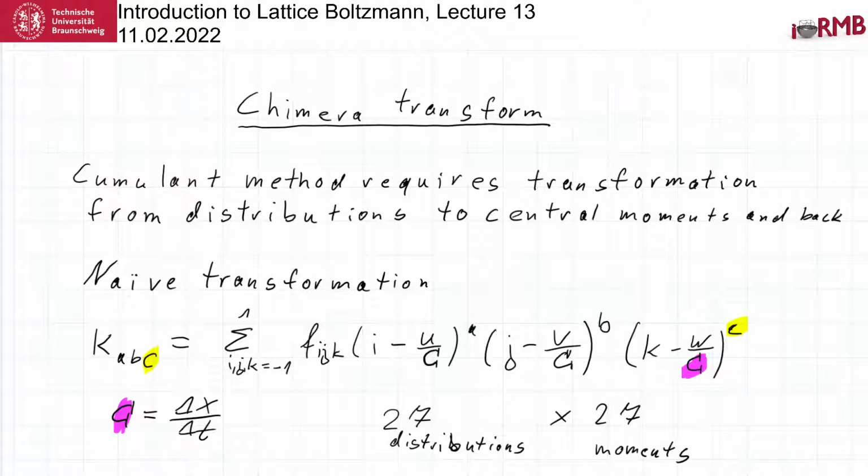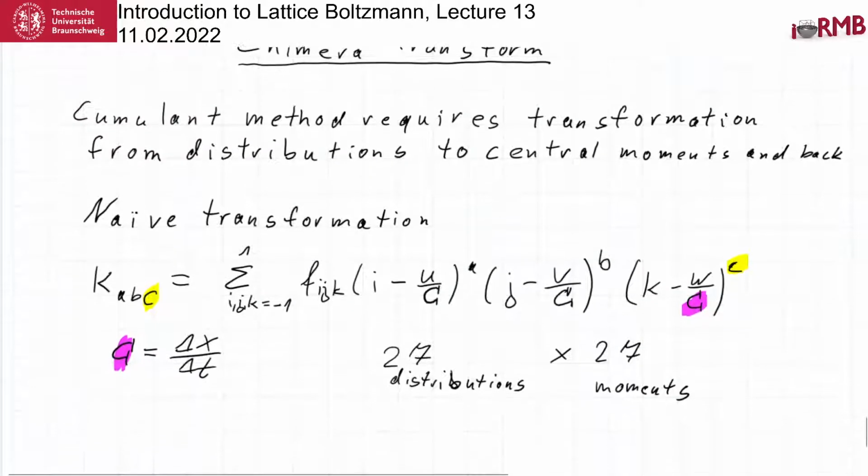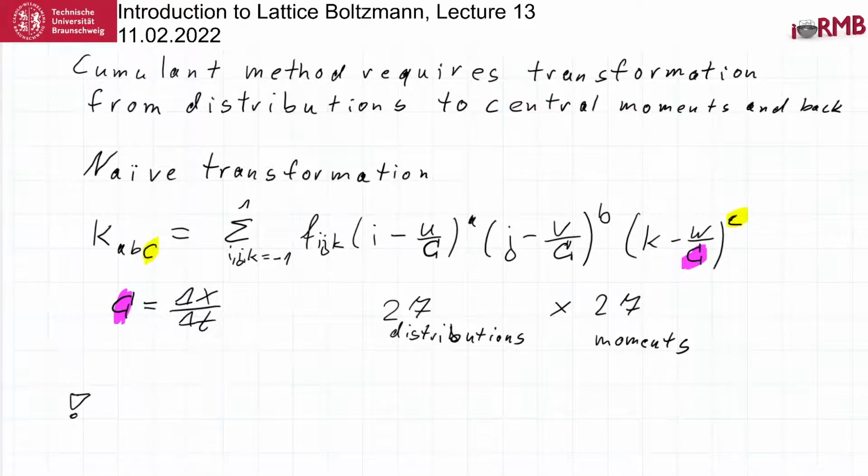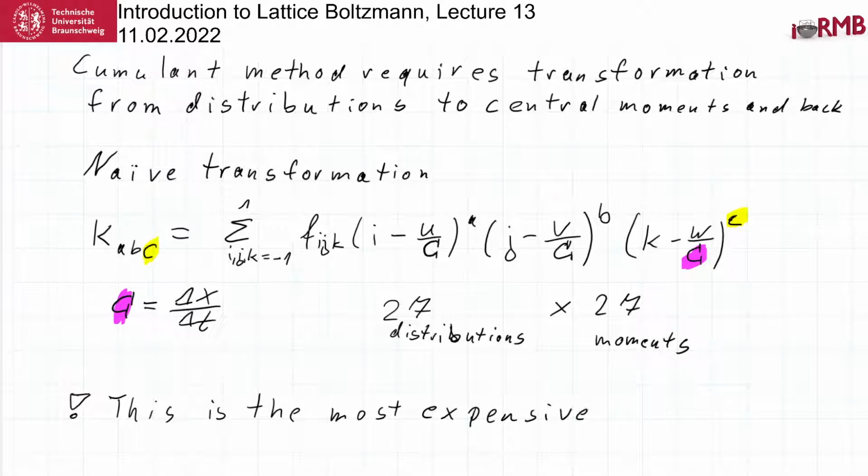And this at each lattice node in each time step, and we have to do it back, so we have to do it twice in each time step and at each lattice node. And this actually turns out to be the most expensive and also the most erroneous, the one with the most round-off errors, operation in the methods.